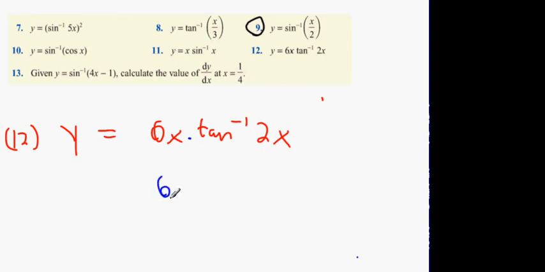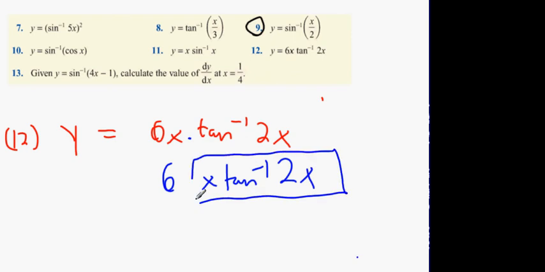I can't split it like this. Now, why can't I split it like this? Because tan inverse has to have an angle to go with it. Okay? So, and if I was to split it like this, you're still going to have to do a product rule because there's another split in that part again.